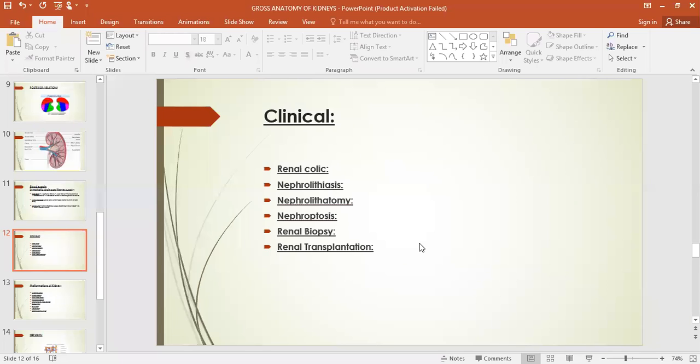There are two types of transplantation: one is orthotopic and the other is heterotopic. When the organ is transplanted at its normal site, it is called orthotopic, just like the liver. When we transplant a liver, the transplanted liver is placed at the same site, so it is called orthotopic.